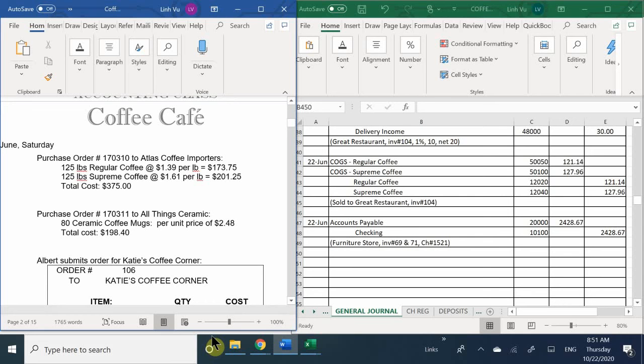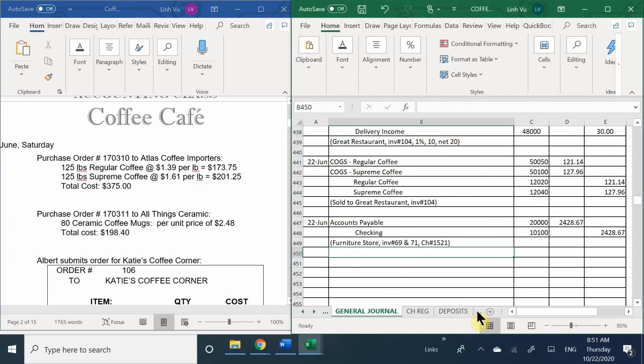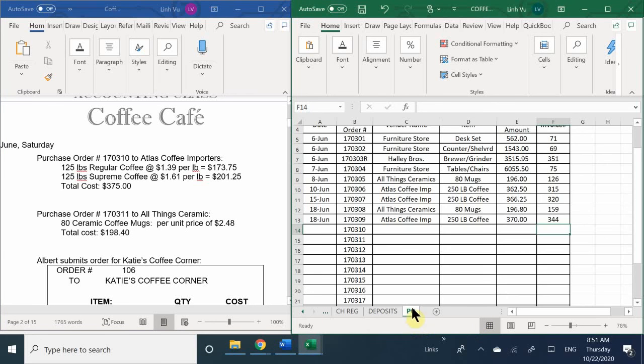A purchase order, so we have to go to the purchase order tab. We haven't received the items just yet, so we are not going to record it. There's a possibility that we place this purchase order and can cancel at any given time, or we may never receive it. We don't physically have the items yet.